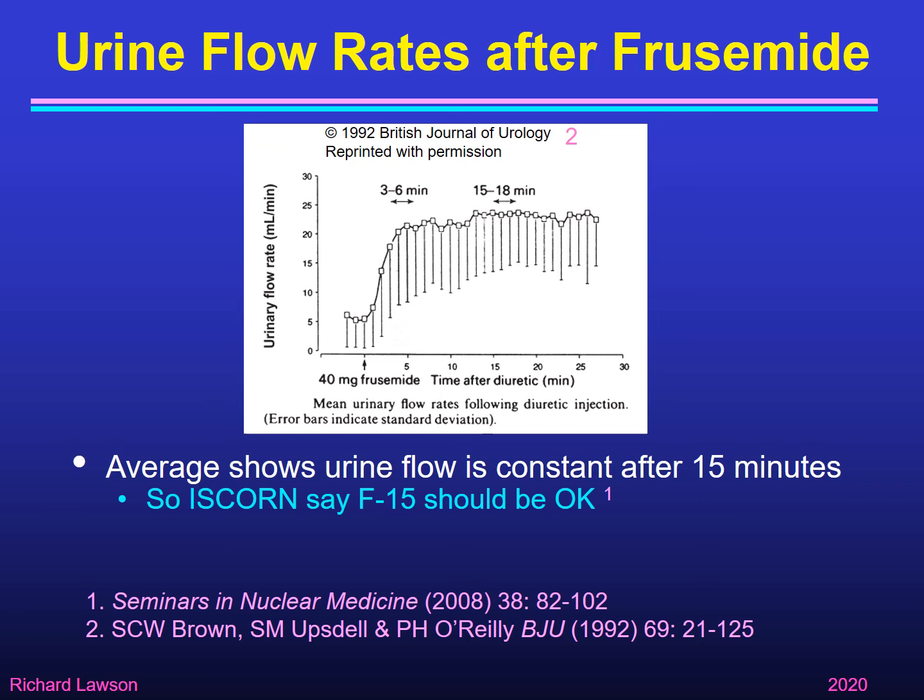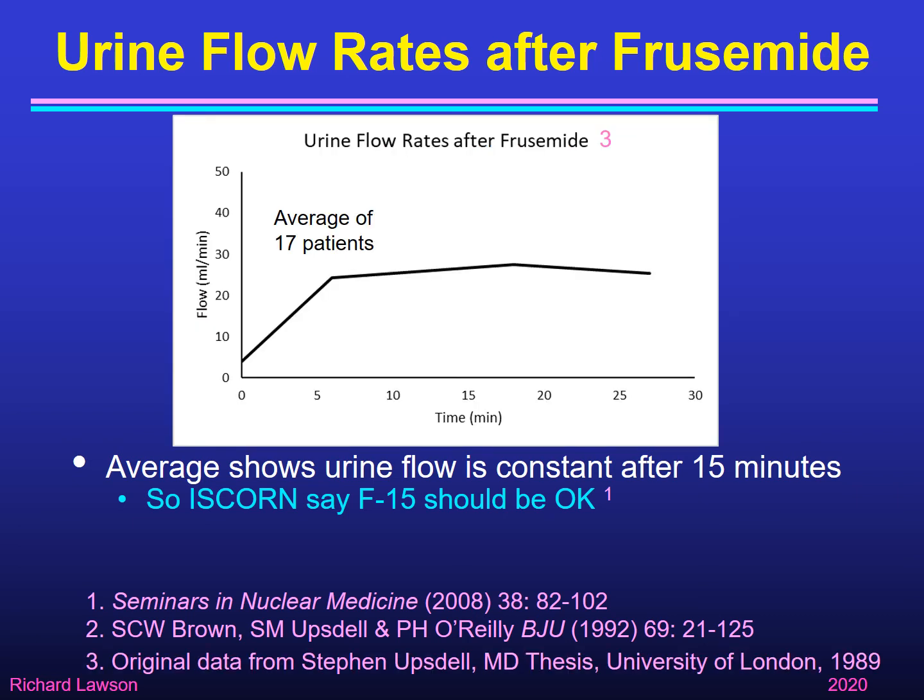Now, the data that they show in this graph actually came from an earlier report by Steve Brown, Steve Upstill and Paddy O'Reilly, published in the British Journal of Urology in 1992. I know that that work was actually started earlier by Steve Upstill when he was working in our department in Manchester Royal Infirmary.